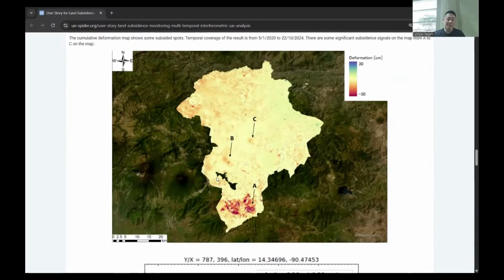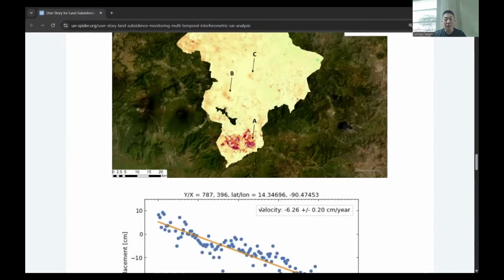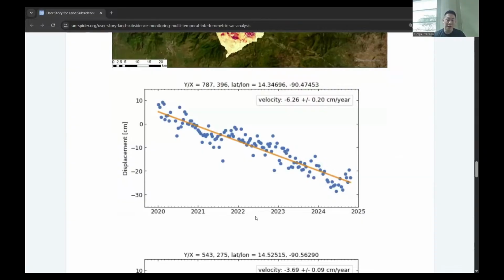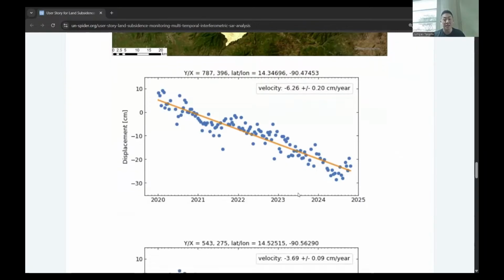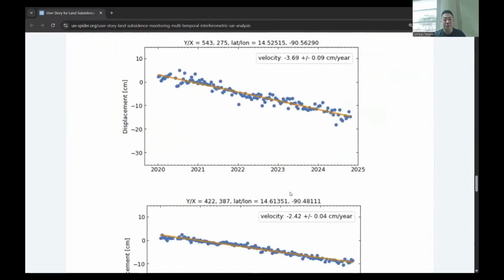The results are here. The southern part faces very severe land subsidence. Over 5 years, there are already more than 100 images, which can provide the land subsidence time series graph.